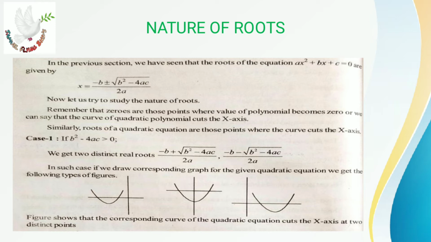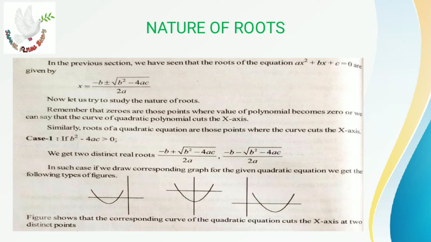In the first case, case 1, if b square minus 4ac is greater than 0, then we get two distinct roots: minus b plus root b square minus 4ac by 2a, and minus b minus root b square minus 4ac by 2a. These are the two roots.